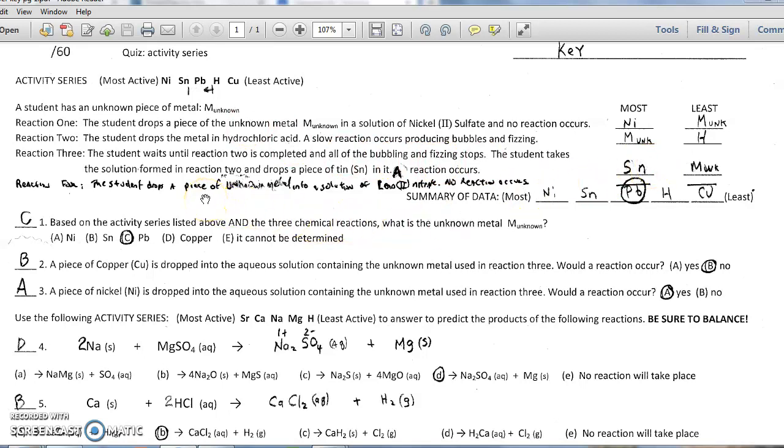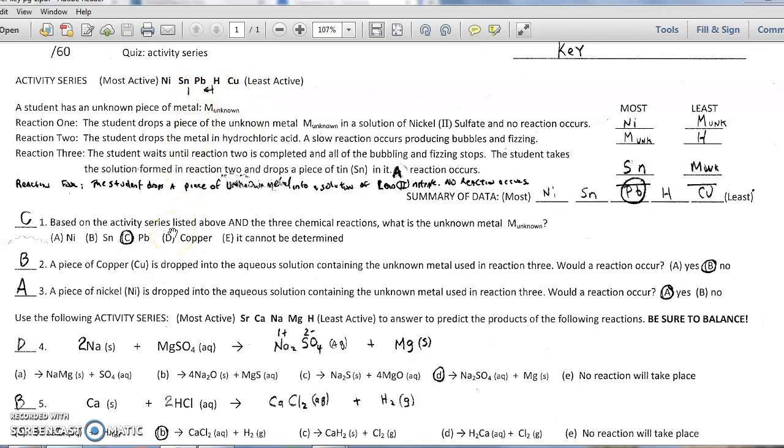In this fourth reaction, they dropped a piece of the unknown metal in a solution of lead, and no reaction occurs. Well, that would make great sense. If our unknown metal is lead, lead cannot replace itself in solution, so we know it's lead. We know our unknown metal is lead, and we established that from our activity series.